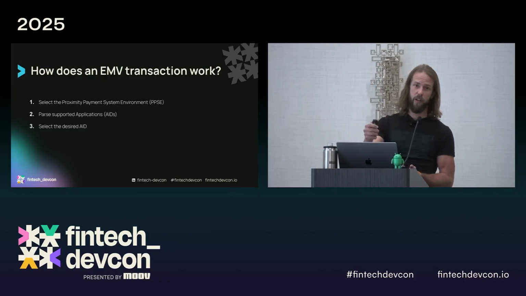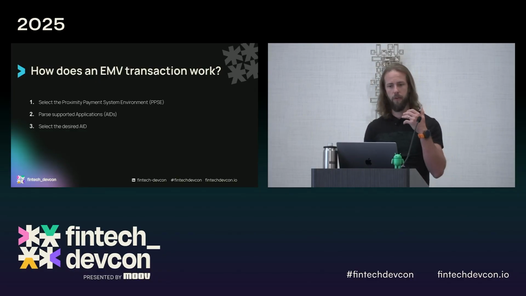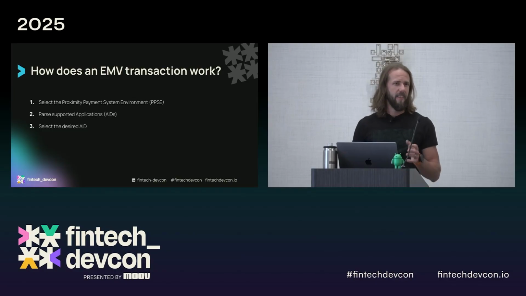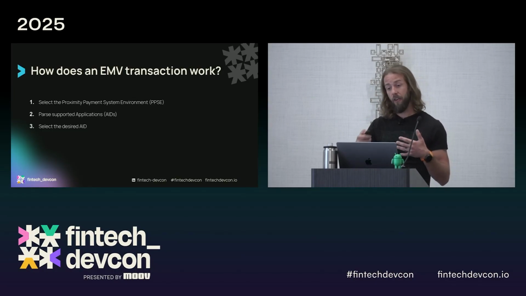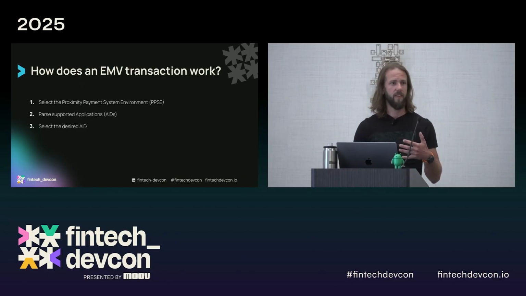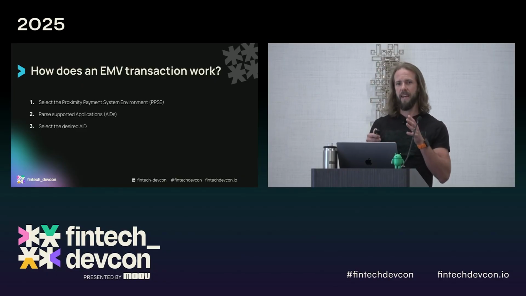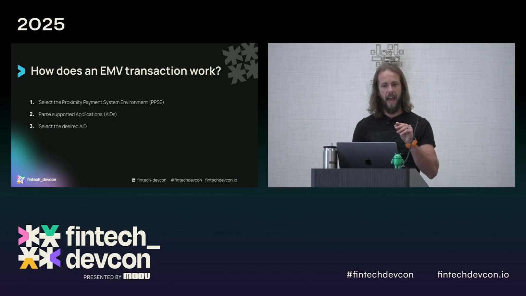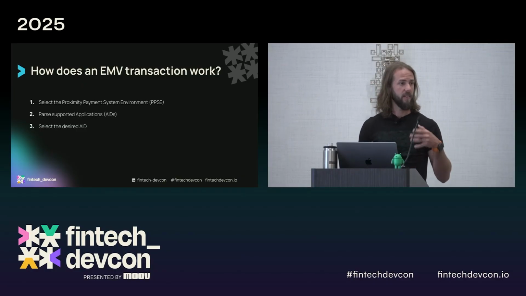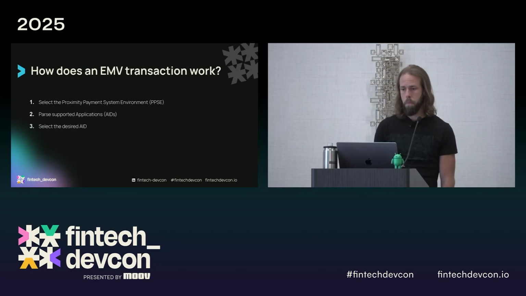So say, hey, I want to use Visa credit, or I want to use Amex credit. This has a ramification later on in the EMV kernel because each brand has a different kernel specification. So how you communicate with the card is slightly different between them.